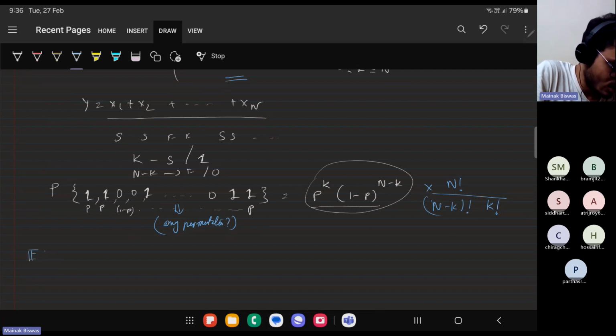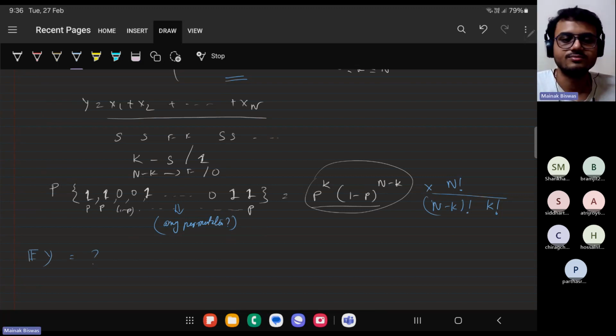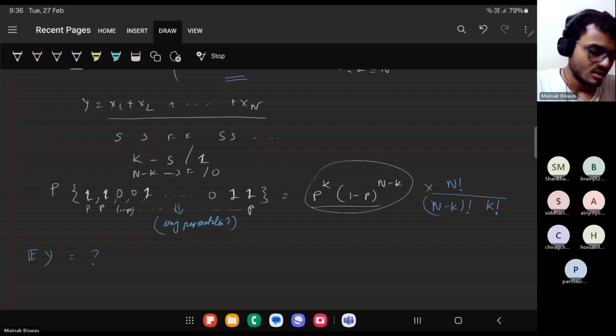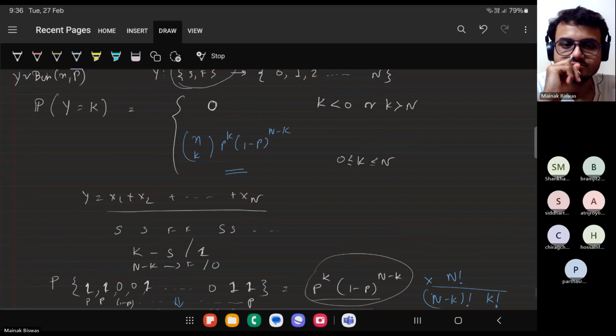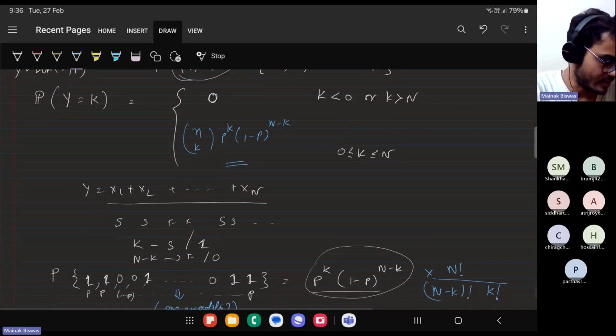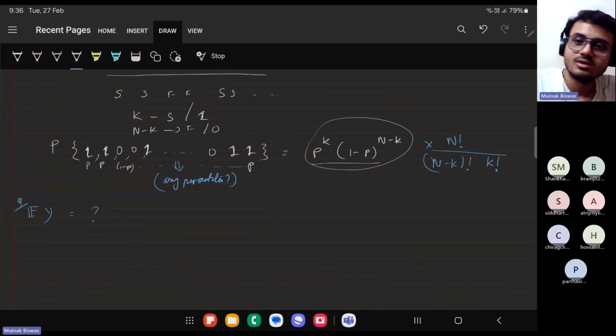So what would be the expected value of y? Anyone? Now all the hard work that we have done will bear fruit. Tell me, what is the expected value of y? It should be done within seconds.